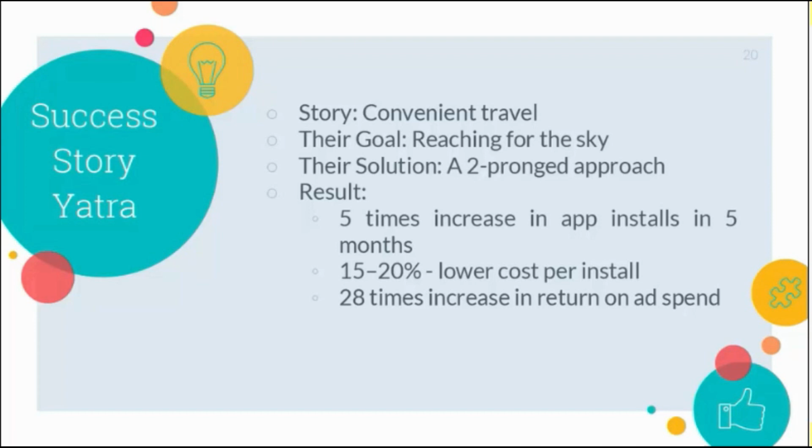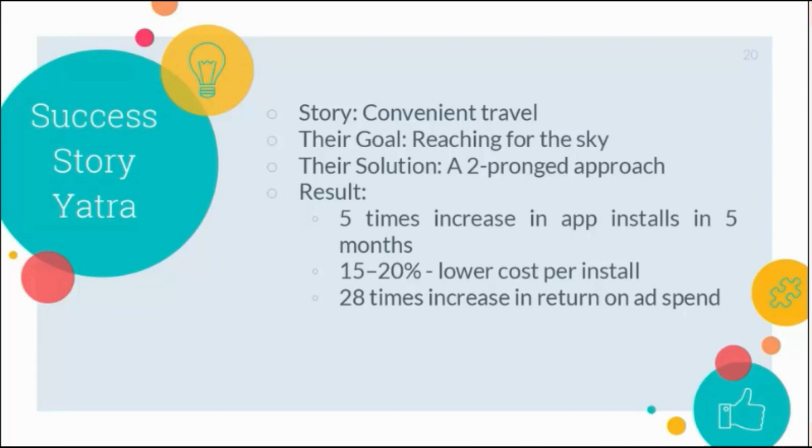To keep its cost per install low during phase 2, Yatra ran a highly targeted campaign. Its tech and marketing teams then worked with Facebook to implement app events, which allowed it to learn more about how people were using the app.